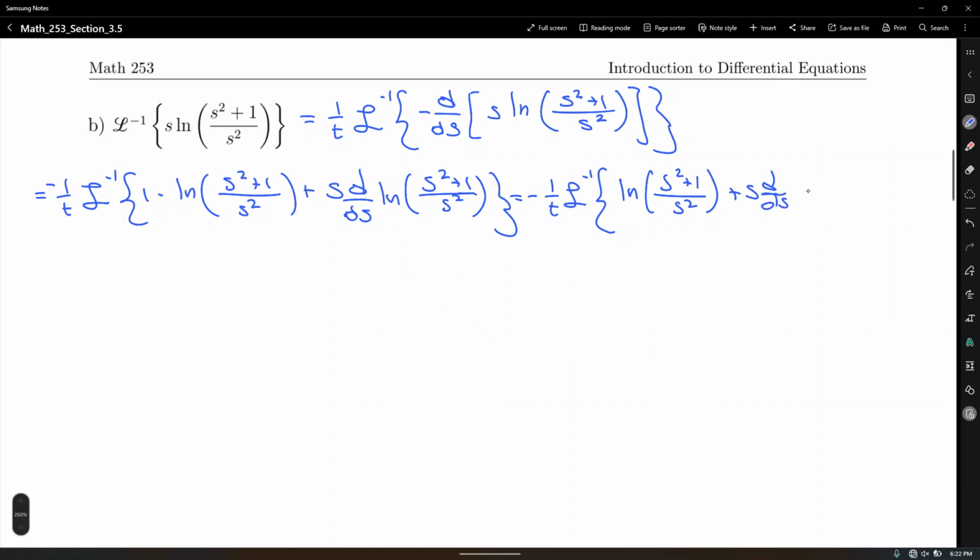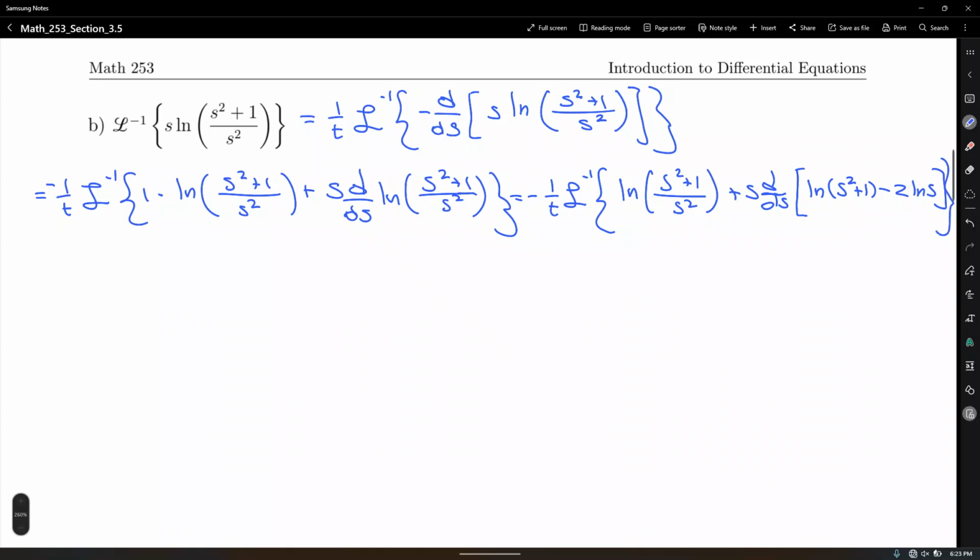First, I'm going to use properties of logarithms. That is, we're going to use actually two rules. The quotient rule of logarithms, that is ln of s squared plus 1 minus ln of s squared. But at the same time, I'm going to do the smackdown rule. Remember? Minus 2 ln of s. And I'm going to close the curly braces.